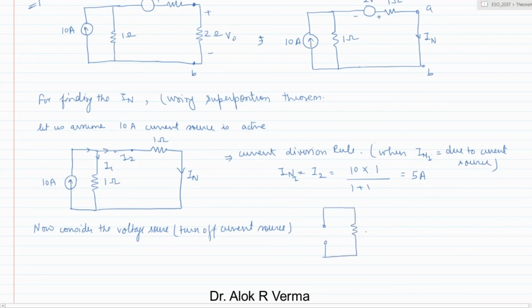You have a 1 ohm resistance here, then a battery of 2 volts. In this condition, whatever current flows is INV, the current IN due to only the voltage source.